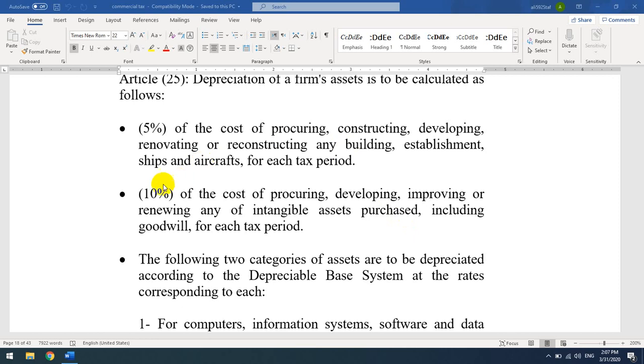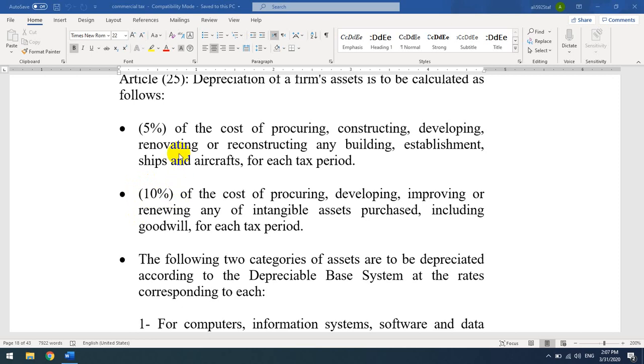If you use the 10% rate to allocate the cost of the intangible asset, that means the total amount of the intangible asset will be allocated over 10 years; the useful life of this intangible asset equals 10 years. That is known as using the depreciation rate.